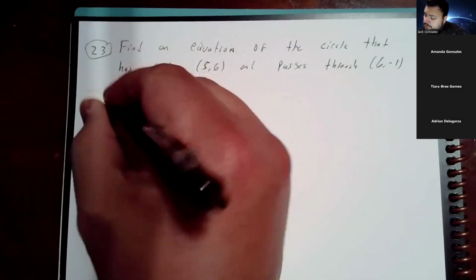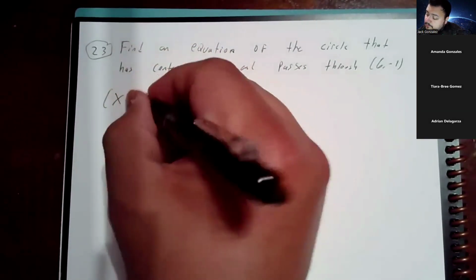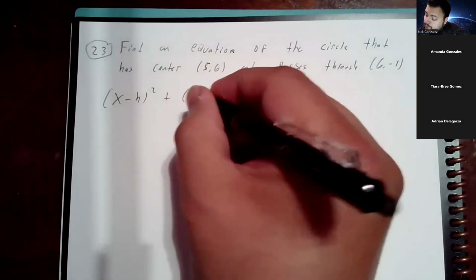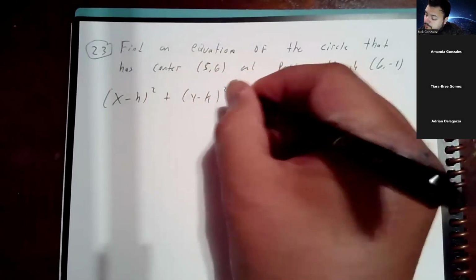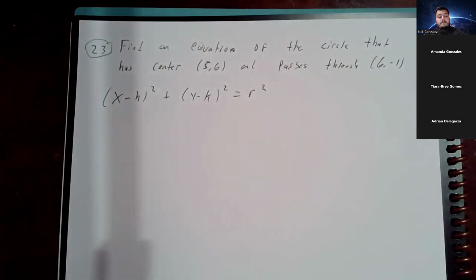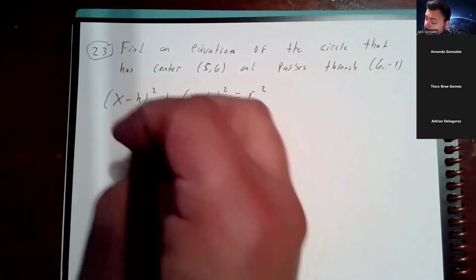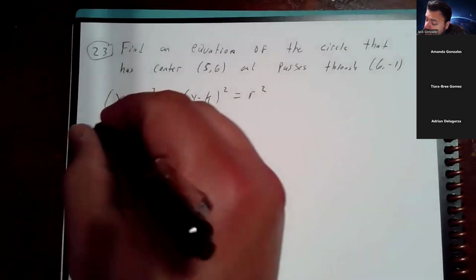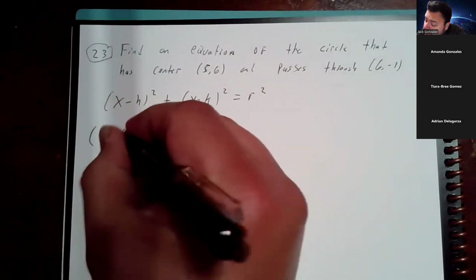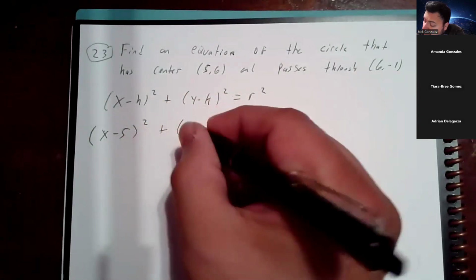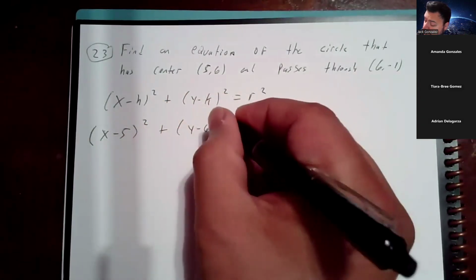So just use the standard form. We got the center: x minus 5 becomes the opposite, y minus 6.